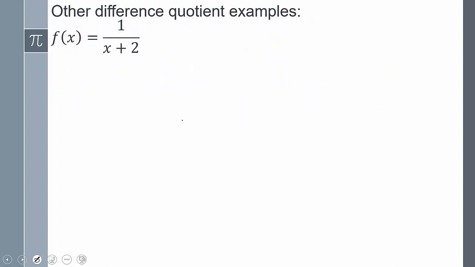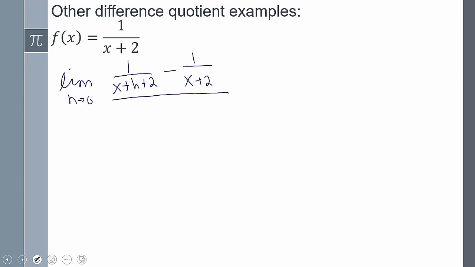When we have rationals, once again, the limit as h goes to 0, we get 1 over x plus h plus 2, so f of x plus h minus f of x, all over h. Now the trick here is you multiply both the numerator and the denominator by the common denominator. So the common denominator is both of these together.